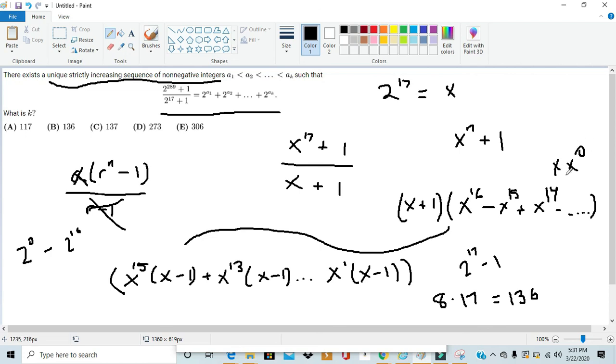So we have to take account for this extra 1 in the sequence, this extra 1 that forms when 1 times x to the 0 is formed. And we just have to take it separately from all these other calculations. So we can avoid the mistake that so many people probably made on the AMC 10A when they forgot to take account for this one, giving us 137 as our final answer.